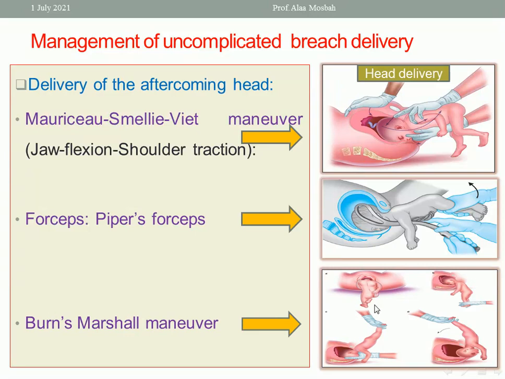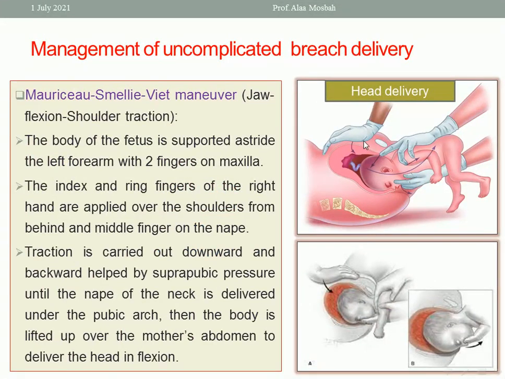Let the baby hang down until the lower hairline appears under the pubic arch, or the nape appears under the pubic arch, then hold the baby from the legs toward the mother's abdomen, but this maneuver is not preferred nowadays, for the risk of extended head. So the best method is Mauriceau-Smellie-Veit maneuver and Piper forceps delivery of the aftercoming head.